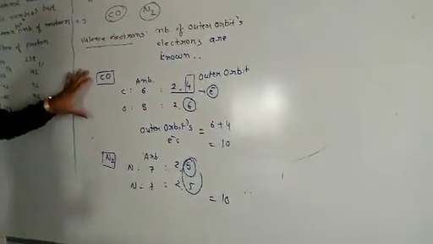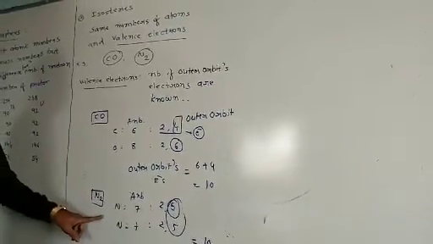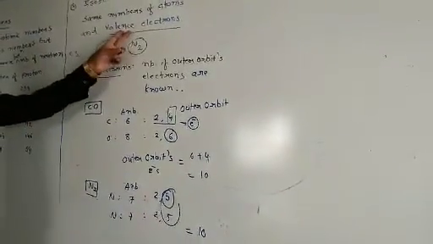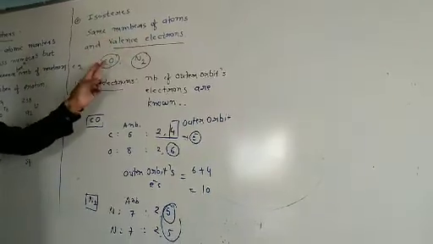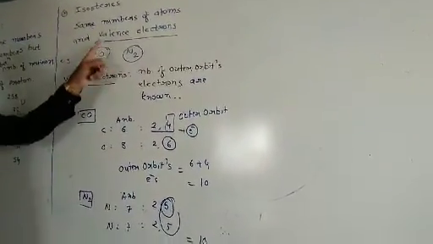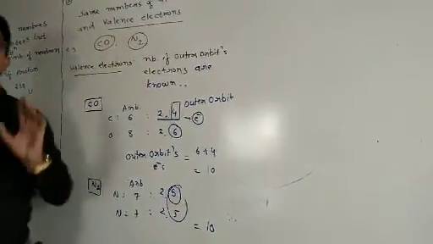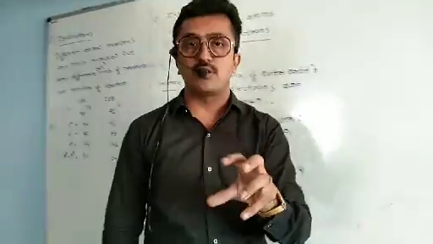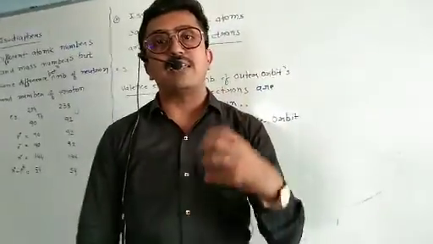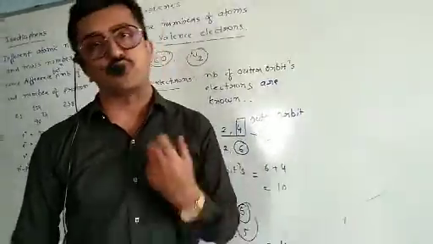The valence electrons are the same, and the number of atoms is the same: in CO there are 2 atoms, carbon and oxygen, and in N2 again 2 atoms, N and N. So when the number of atoms and valence electrons are the same, they are known as isosters.